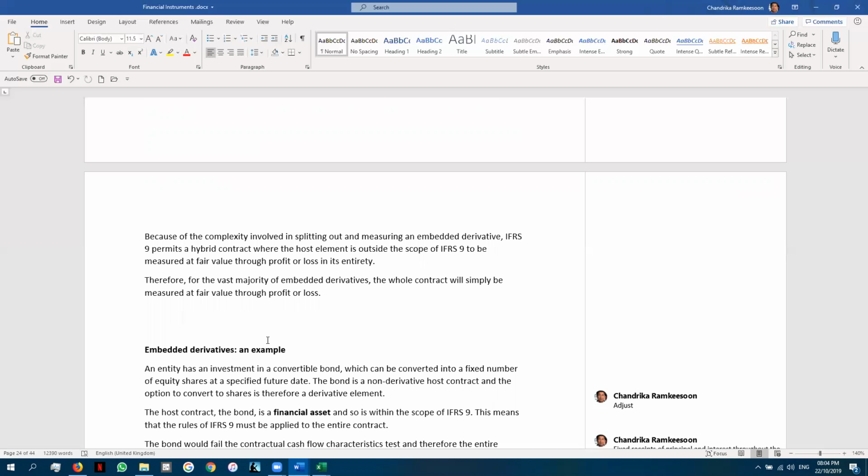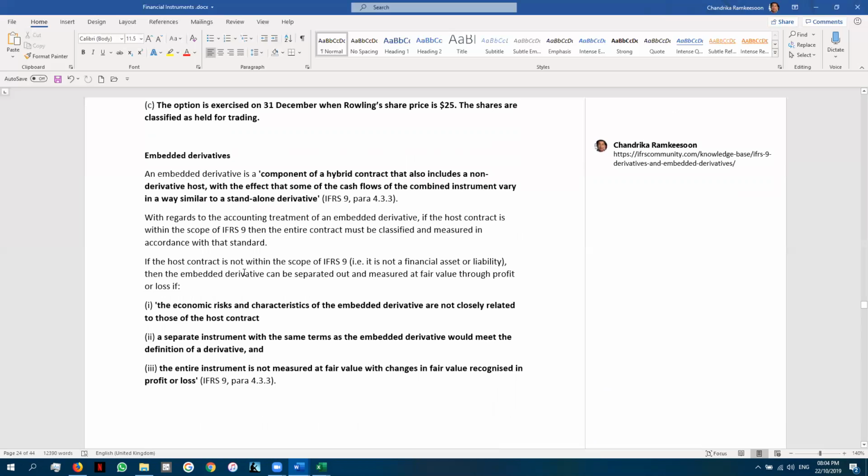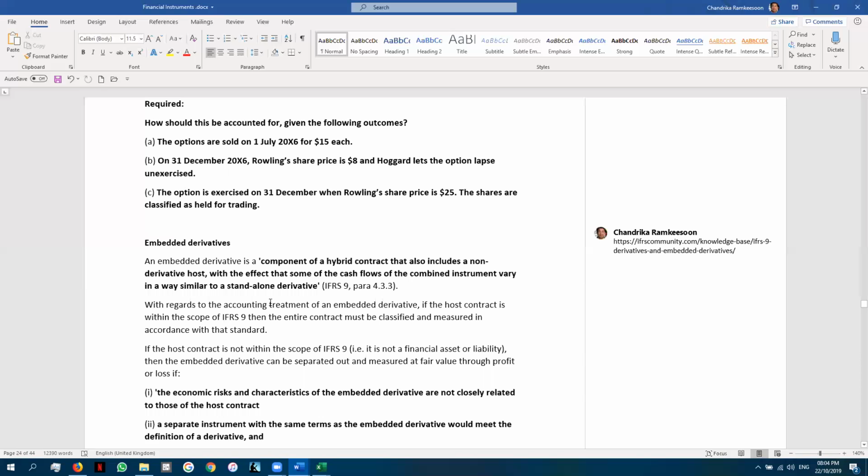Therefore, for the vast majority of embedded derivatives, the whole contract will simply be measured at fair value through P&L. You see, in other words, then we would treat it similar to if the host instrument was truly a financial asset or liability under IFRS 9.